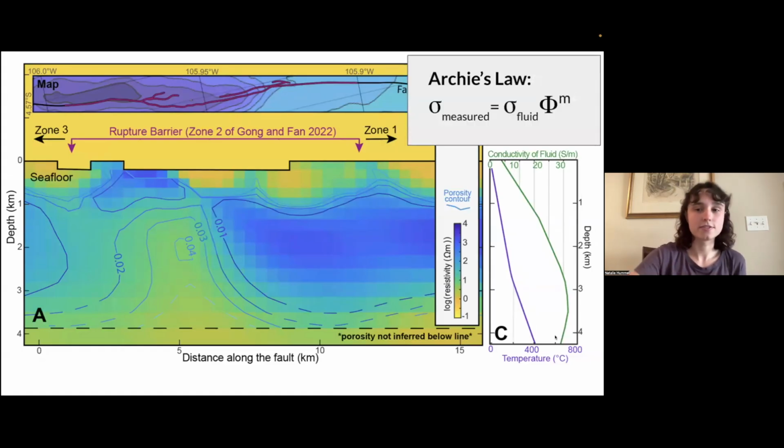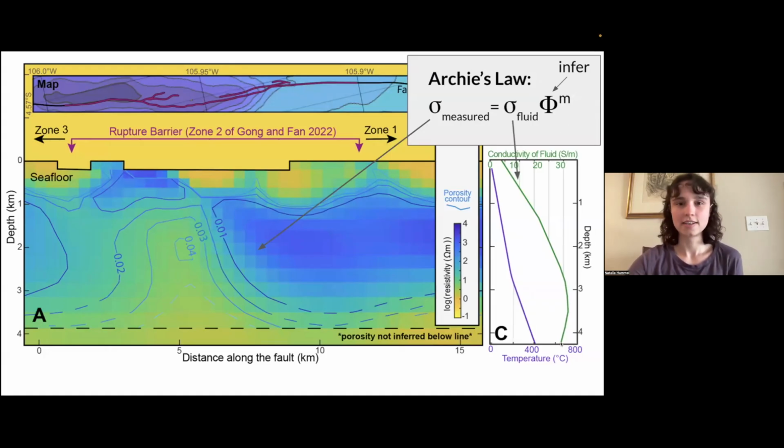So now we can use Archie's law, which tells us that the measured conductivity, so the colors on this plot, is equal to the conductivity of the fluid, which we've estimated here, times the porosity, that's what we want to know, right? Raised to this m exponent, which is dependent on how well connected the pores are. So there is some uncertainty here.